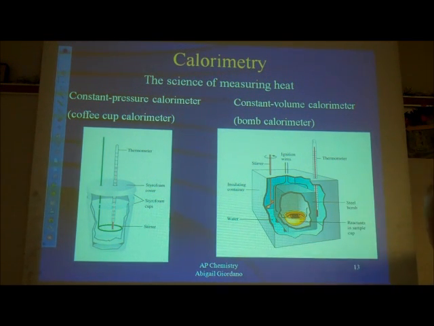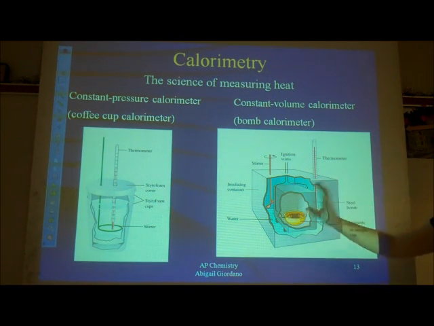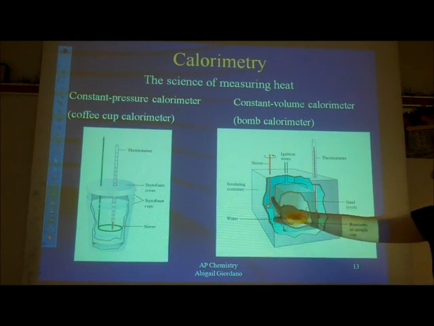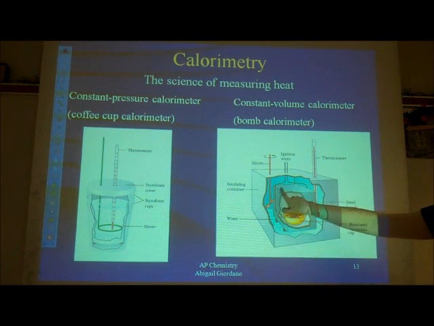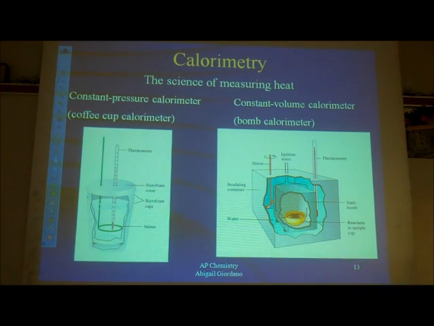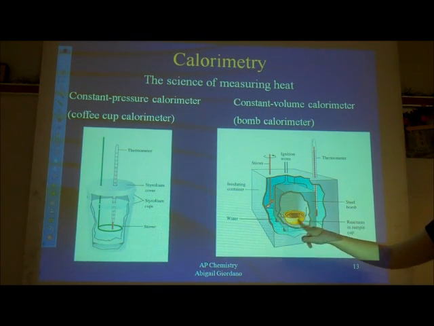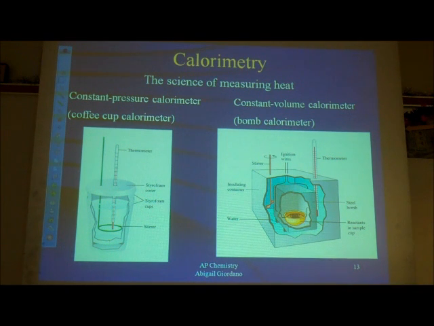A bomb calorimeter is two chambers, one inside the other. This interior chamber is usually made of metal, usually steel. And whatever the reaction is, that's where it's happening. The chemical reaction will be taking place inside that internal space.